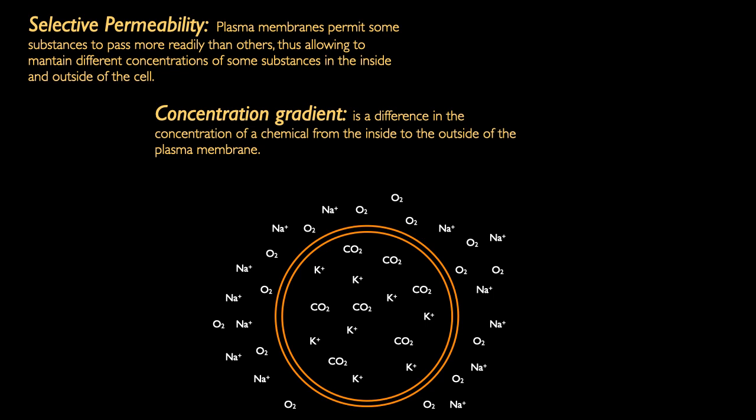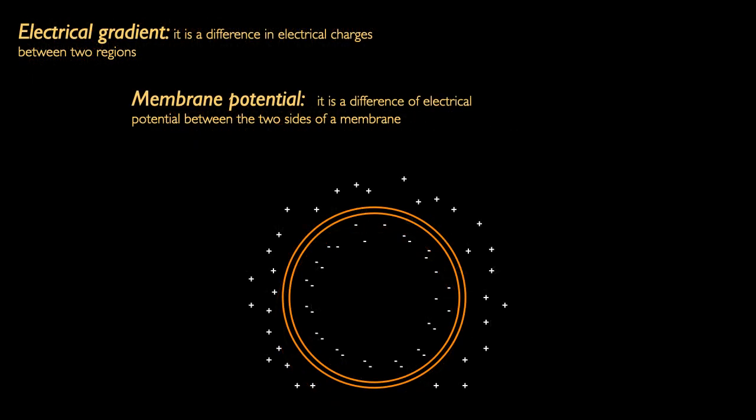This way, ions that move slowly through the membrane get concentrated on either side and create what we call a concentration gradient. Positive ions tend to concentrate outside the membrane, while negative ions concentrate inside.